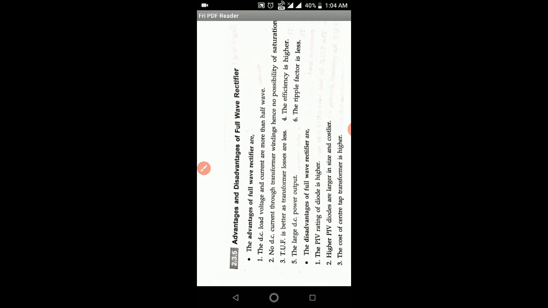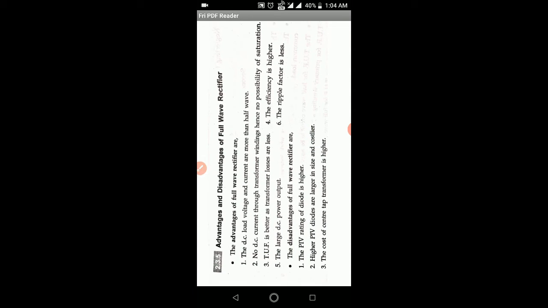Now, the advantages and disadvantages of the full wave rectifier. The advantages of full wave rectifiers are: first, the DC load voltage and current are more than in the half wave. Second, there is no DC current through the transformer winding, hence no possibility of saturation.